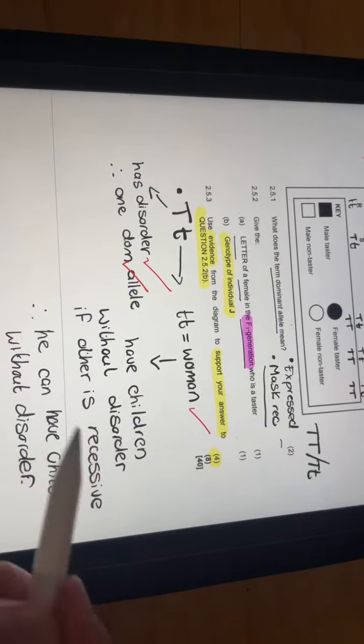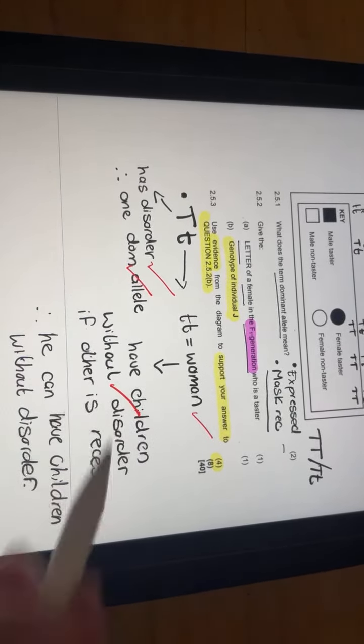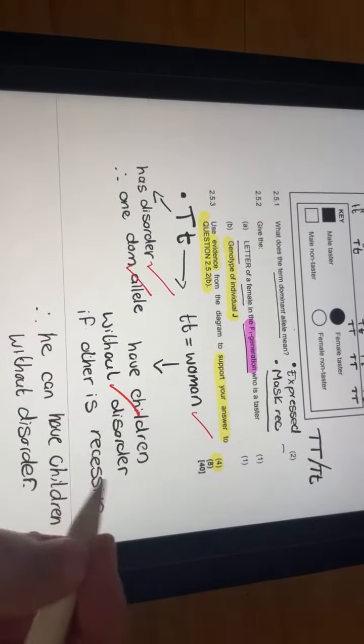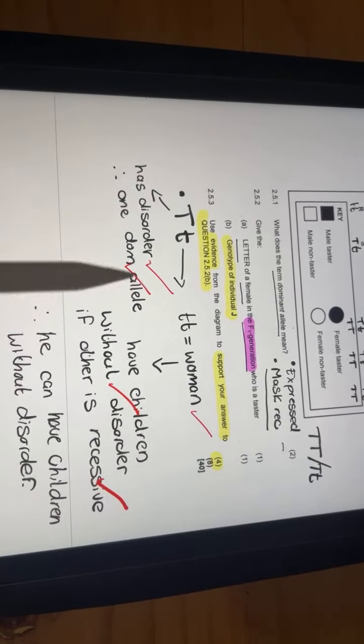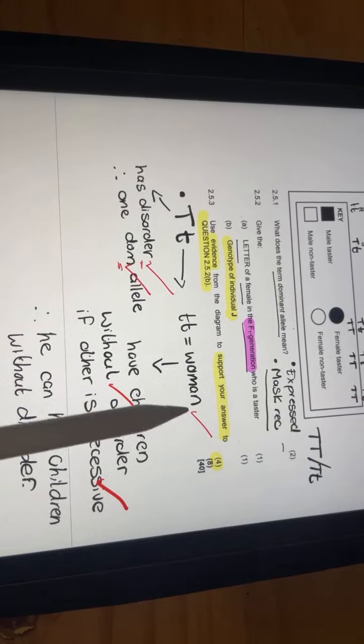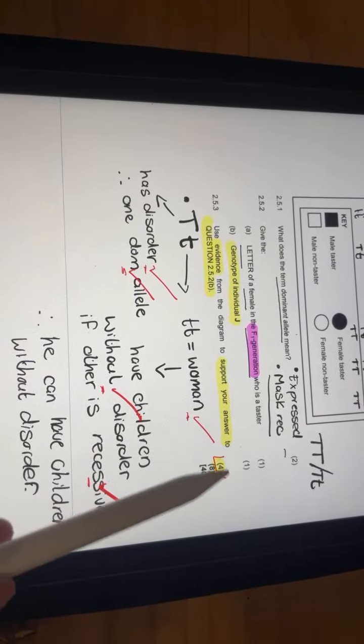But because he has children without the disorder, his other letter must be recessive, right? So there are 5 marks here, and generally these are 5 options, but you only need 4 of the 5, because remember it's out of 4 over here.